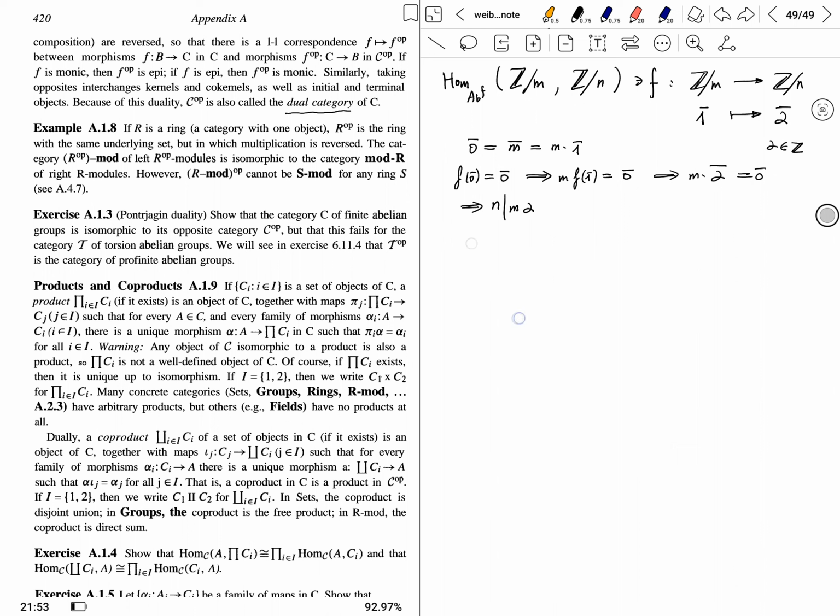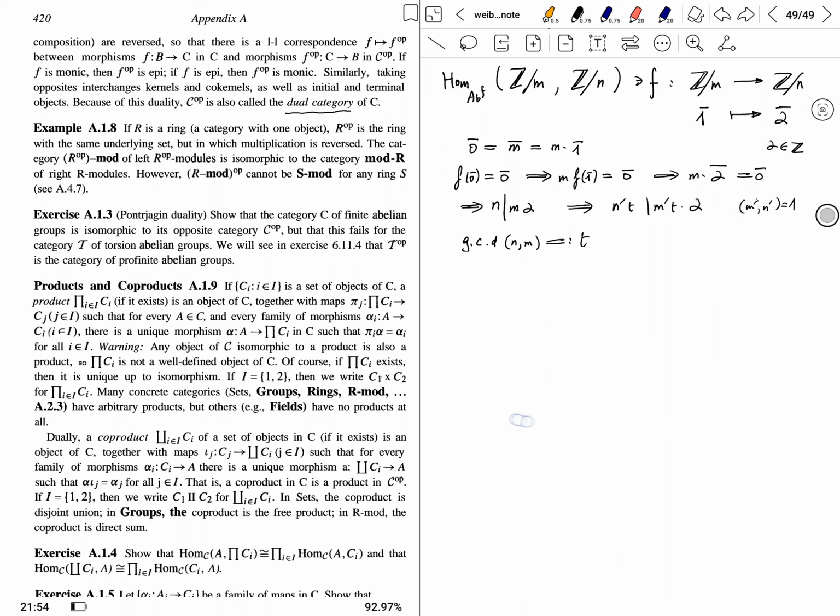So if we take the greatest common divisor of n and m, denoted by t, we have m = t m' and n = t n', with n' and m' coprime.